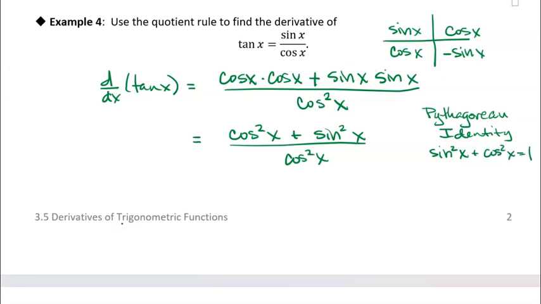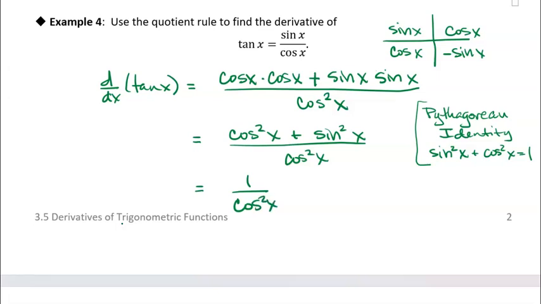All right, that's an important one to remember, this Pythagorean identity. So notice this is cosine squared plus sine squared, but addition is commutative. We can add things in any order. 2 plus 3 is the same as 3 plus 2. So this whole numerator is just 1, right? This sine squared of x plus cosine squared of x is 1. So we end up with 1 over cosine squared of x.